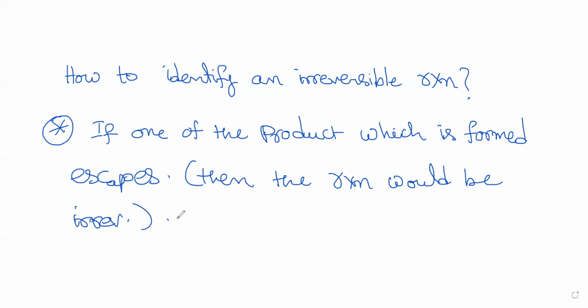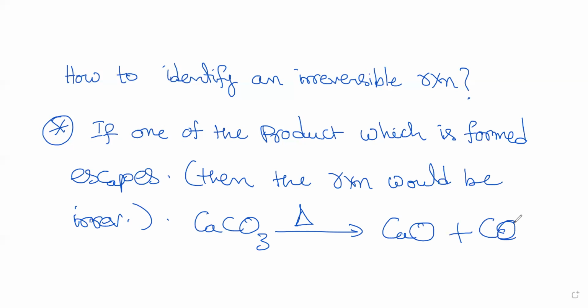So for example, you can take the decomposition of CaCO3, calcium carbonate. If you heat the calcium carbonate, you will get calcium oxide and carbon dioxide. Now carbon dioxide is a gas which will escape out.